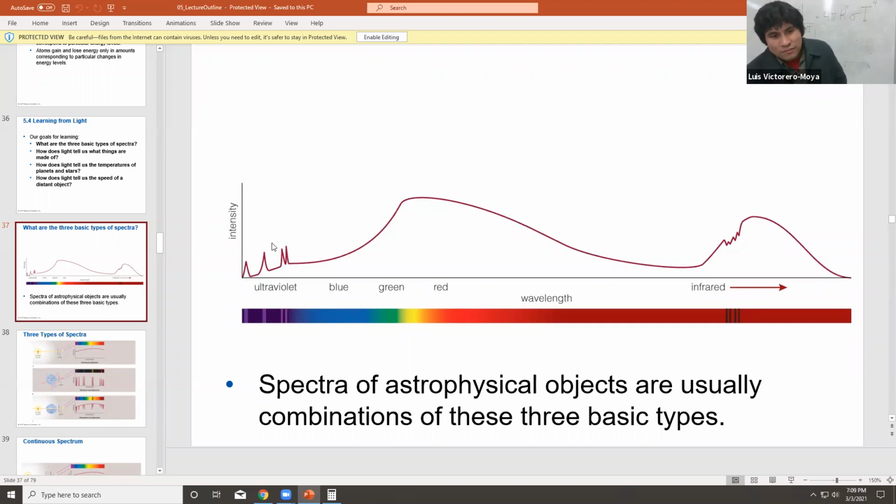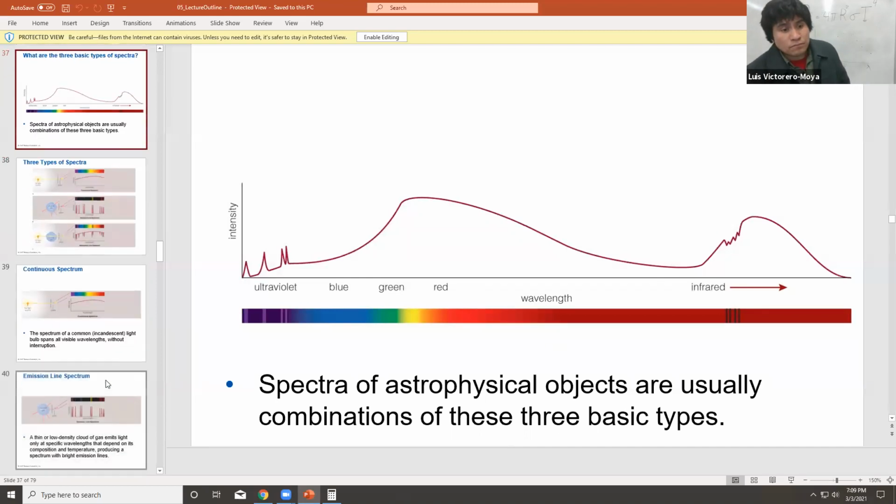These are emission lines. These are absorption lines. Depending on where they are located, we know what element it will be, because we can study the emission lines independently in the lab easily with what I just showed you. And we know at what frequency they occur. By knowing at what frequency or wavelengths they occur, we know what type of elements are. We can identify them.